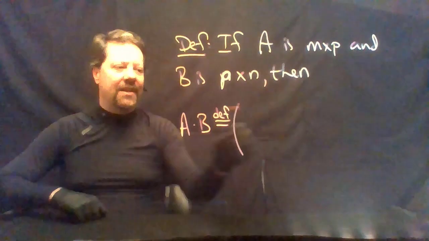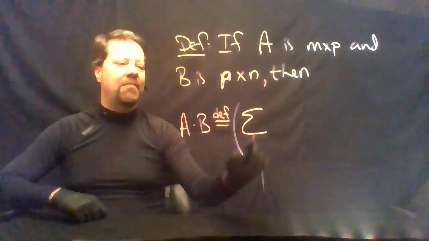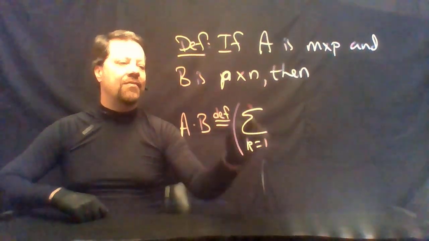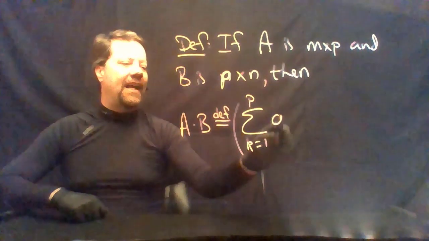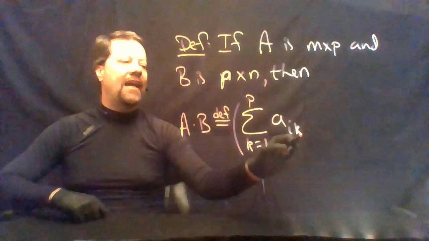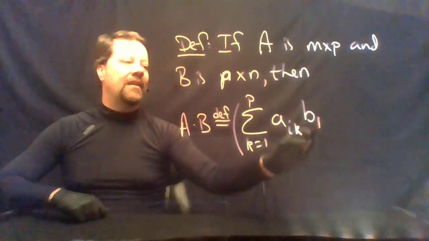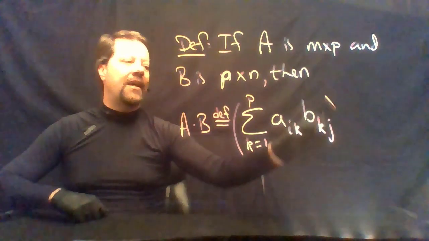It's going to be the matrix where the entries are the sum, as k goes from 1 to p, of A i k times B k j.